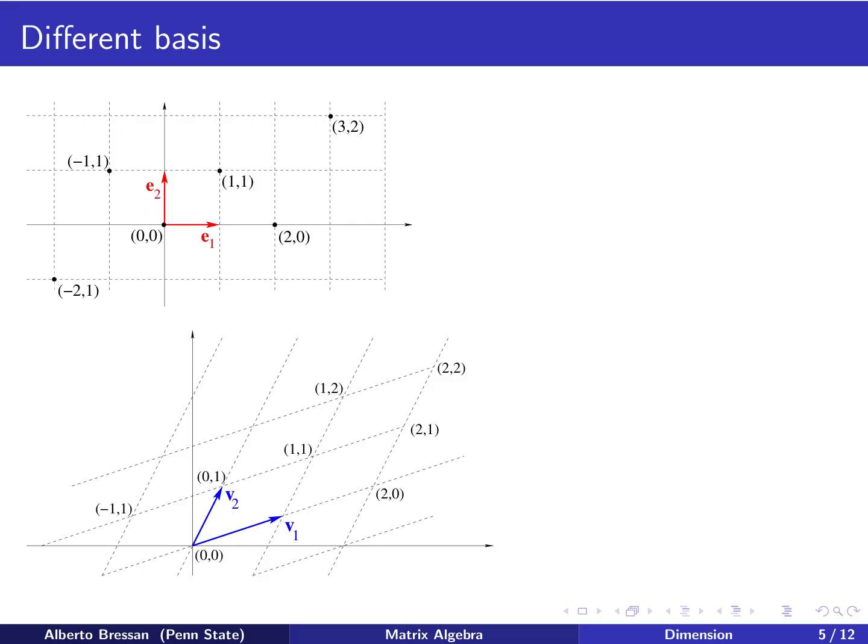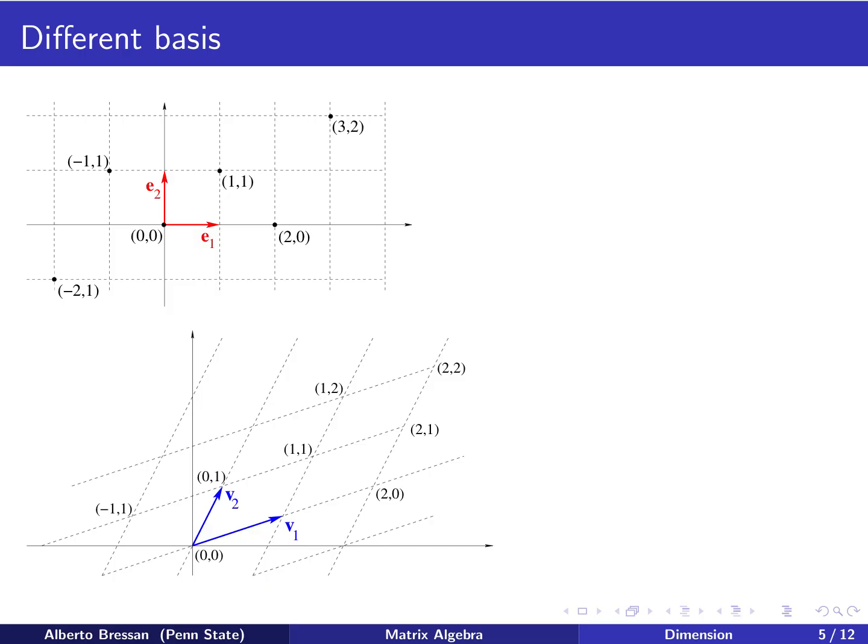Then if you have a coordinate 1, 1 in this system, you make 1 unit in the E1 direction, and then you take 1 unit in the E2 direction. It will be just the intersection of these grid points. And then, for example, here will be 2, 0, and then here would be 1, 2, 3 for the first element, and then 1, 2, 3, and 2. That will be the coordinate for that point.